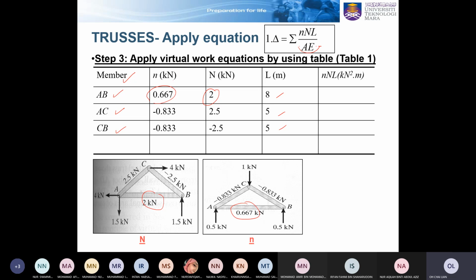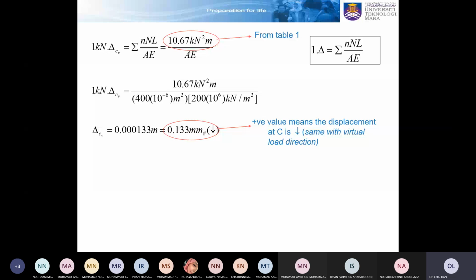So are you able to calculate this N and L? This N and L means this multiplied by L. Once you get this value, you then have a summation. Next you put it in this virtual work equation.